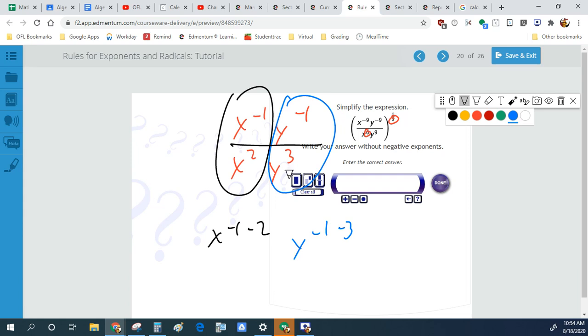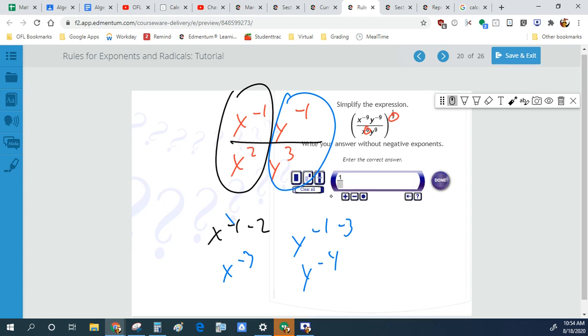So here's an interesting thing: they're all going to be negative. This is x to the negative 3, and this is y to the negative 4. When there's nothing on the top anymore, we have a 1 as a placeholder, like an x to the 0 on top. So this becomes x to the power of 3, y to the power of 4.